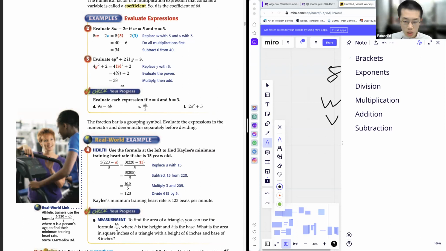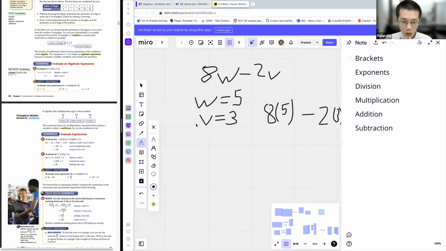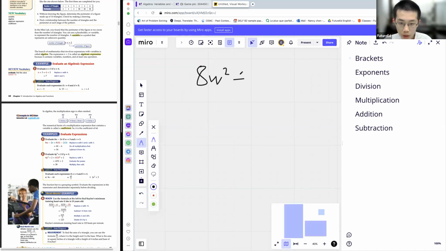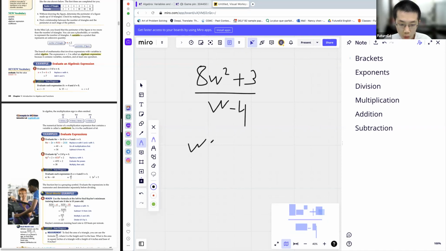Okay, so this is a little exclusion from our usual BEDMAS. Let's say I gave you this expression, all right? We have 8w squared plus 3 over w minus 4.